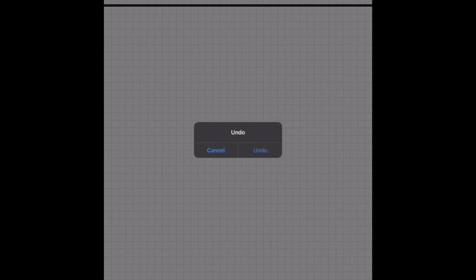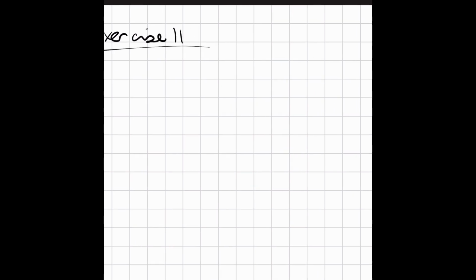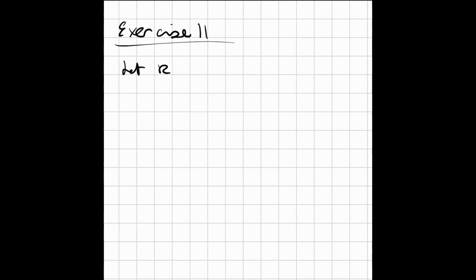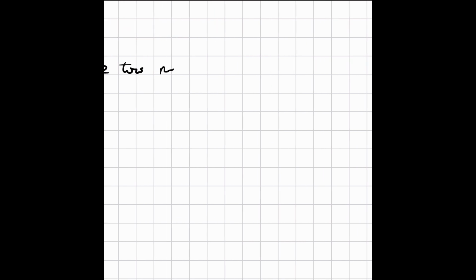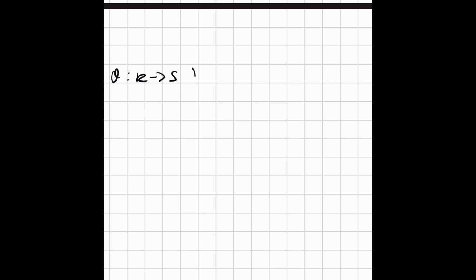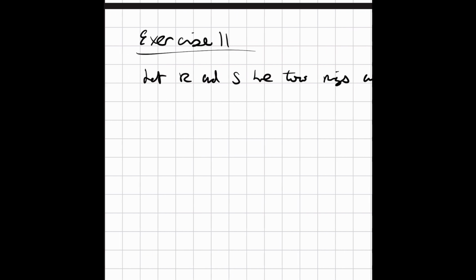Okay, so I'm just going to start by copying down the first question. So this is exercise 11, which is: let R and S be two rings and theta from R to S be a ring homomorphism.